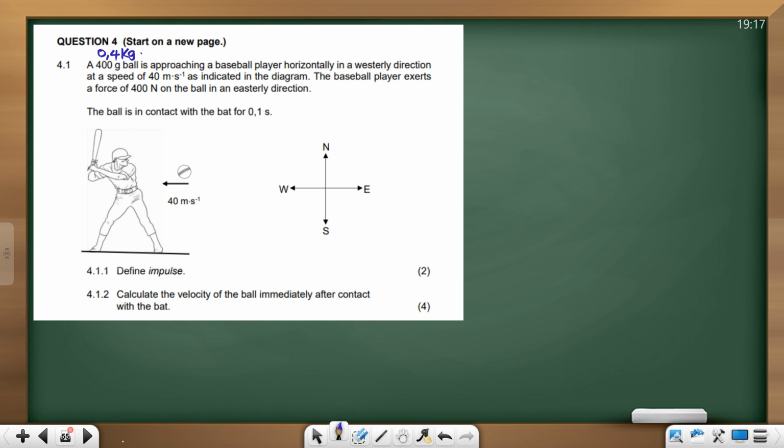Now, calculate the velocity of the ball. Before we go on, can we go back to the question and try to make sense of it? Can't you divide by 3.6? Well, you can, but for me, I just don't like cramming.